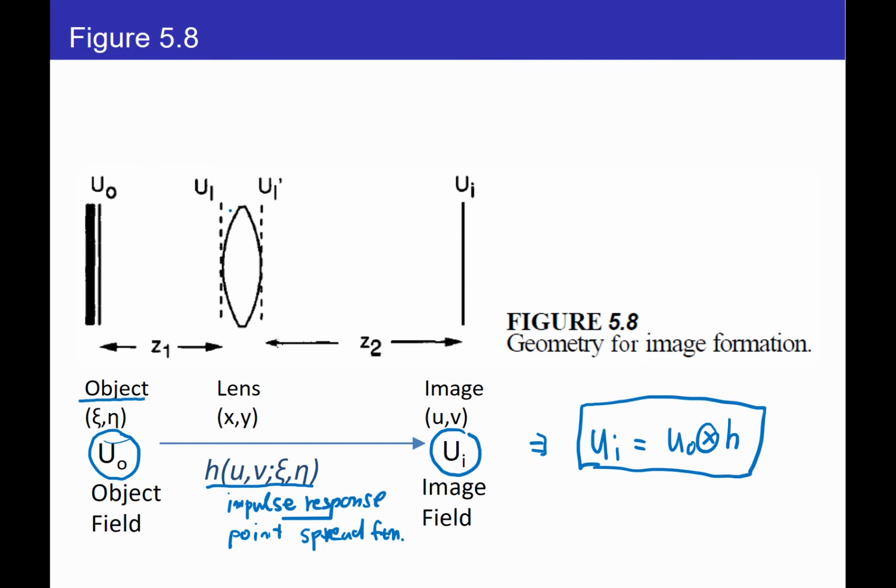So the main concern here is that we have this lens which has a certain phase variation, but also it has a kind of aperture. We call it the pupil function P, along with the phase change. So basically, it's a kind of diffraction problem.